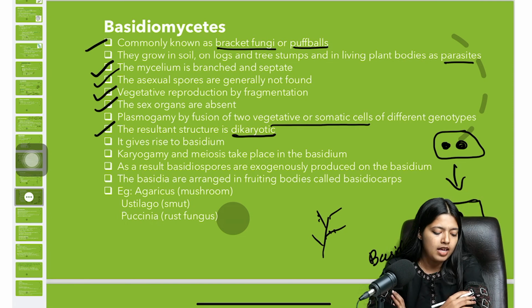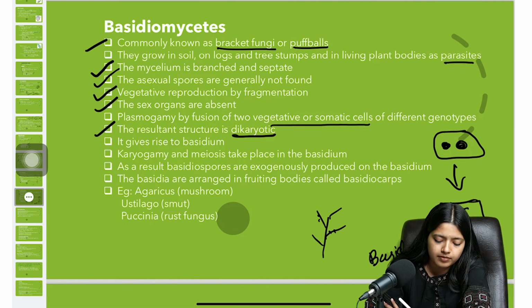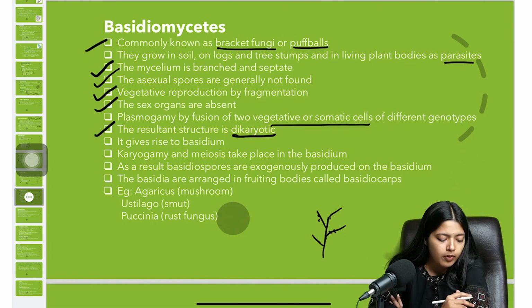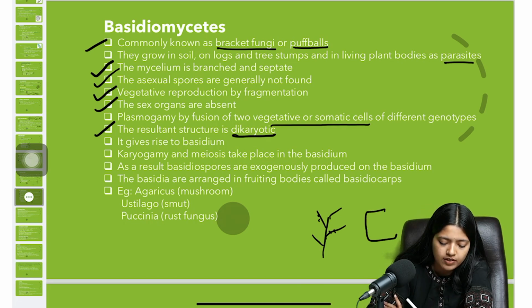Karyogamy and meiosis take place in the basidium. Once again, I'll explain. First, plasmogamy will occur: two vegetative cells fuse together.